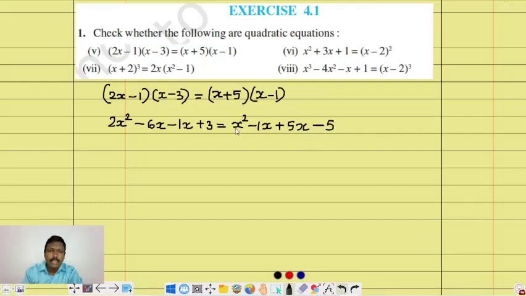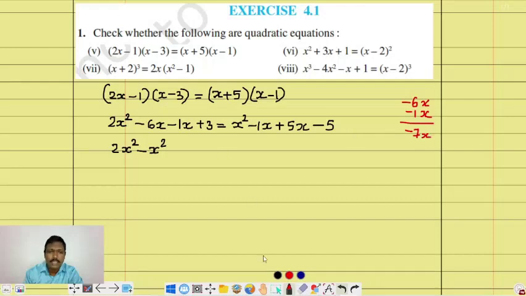Now you have to take like terms from the right side to the left side. So you will get here 2x squared, write the same, then this x squared you have to transpose to this side, so it will be minus x squared. Then here we have minus 6x and minus 1x, which will be minus 7x.